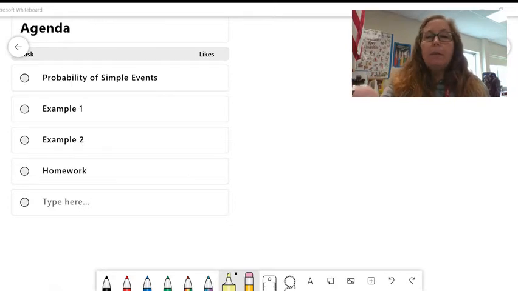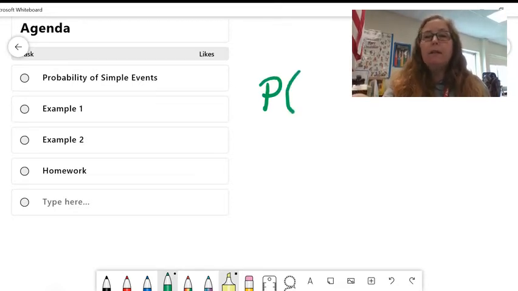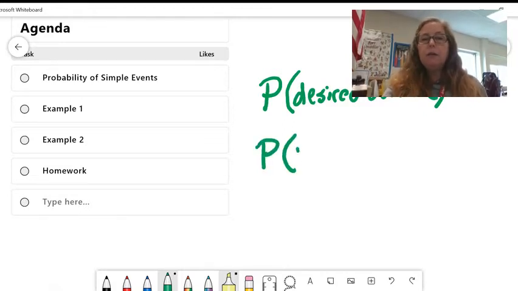We symbolize the probability of simple events with a capital P, and then in parentheses we write the desired outcome, whatever that desired outcome might be. That might be something like the probability of something turning up red on a spinner.